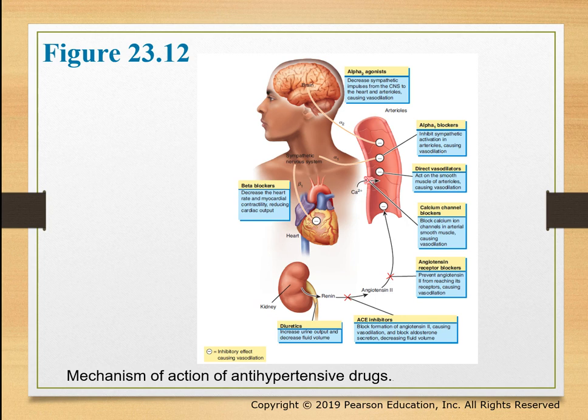Okay, so you can have diuretics that will increase urine output and decrease fluid volume. Like I told you before, if you're increasing blood volume, you increase blood pressure. If you decrease blood volume by essentially increasing urine output, we talked about things like this a couple chapters ago, it will decrease blood pressure.